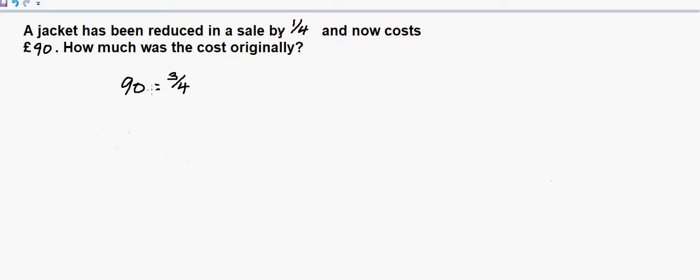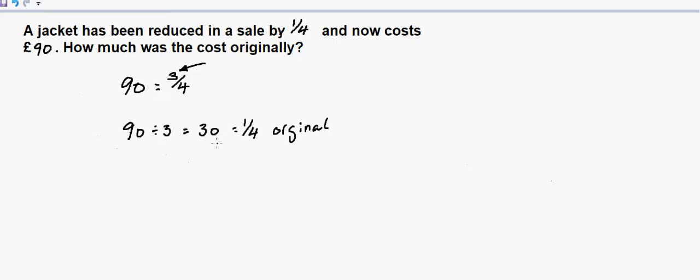Because we've got 3/4, we divide by the top of the fraction, what we call the numerator. So 90 divided by 3 gives us 30. So that equals 1/4 of the original price.